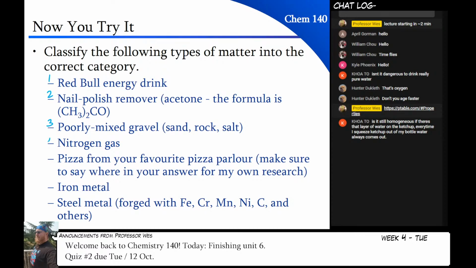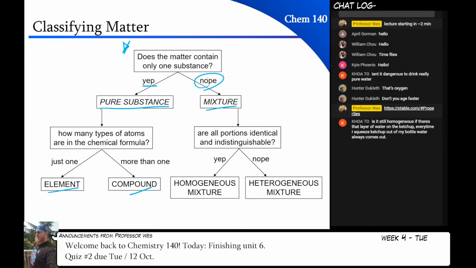And what I want you to do is tell me which category each of these substances falls into. When I ask you for a category, what I'm asking you for is to give me one of these things.